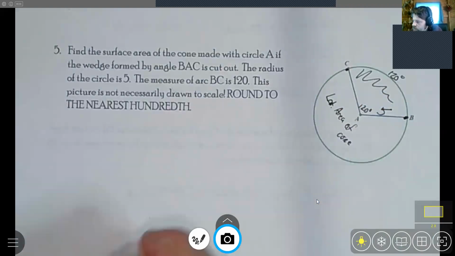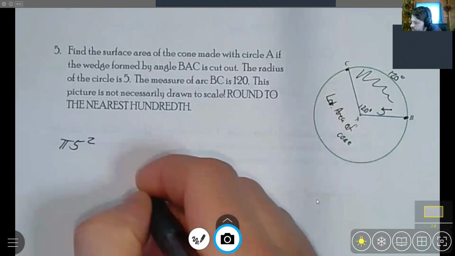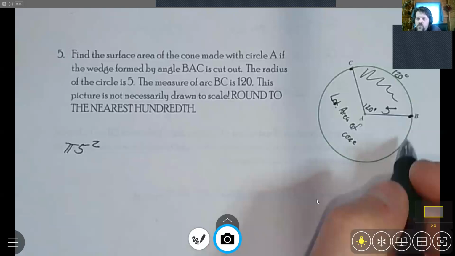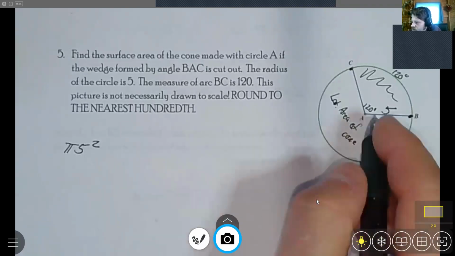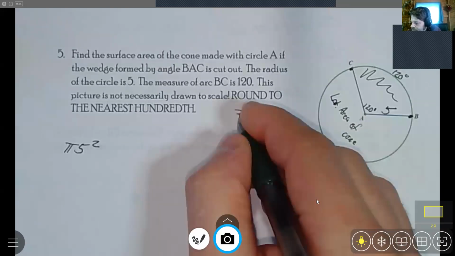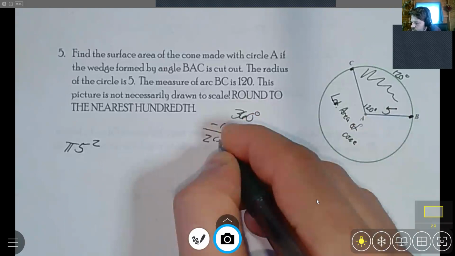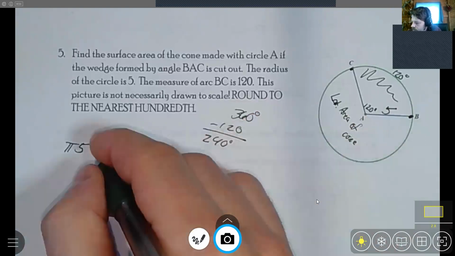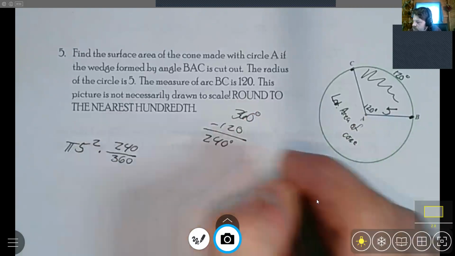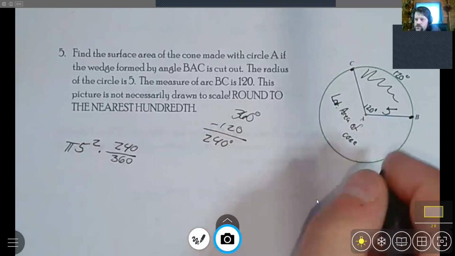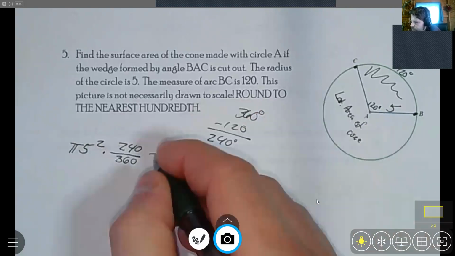We take the area of the whole circle, which would be pi times 5 squared, and then we multiply it by what fraction of a full circle we have. In my case, I have a 120 degree wedge cut out. So 360 minus 120 is 240. So this is 2/3, right? 240 over 360 is 2/3. So I have 2/3 of my circle.